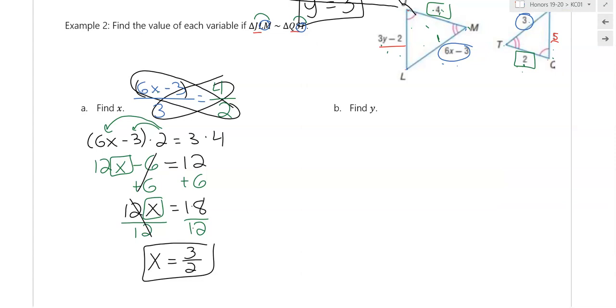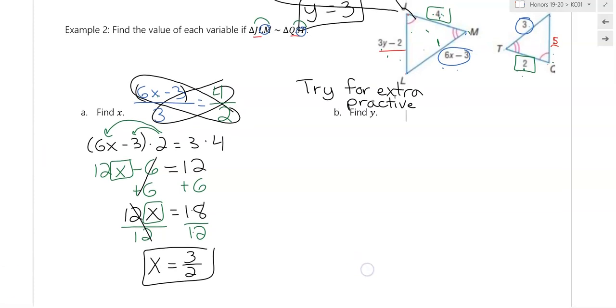Alright, for B, finding y, this problem you're going to try for extra practice. You should get the answer of y equals 4.